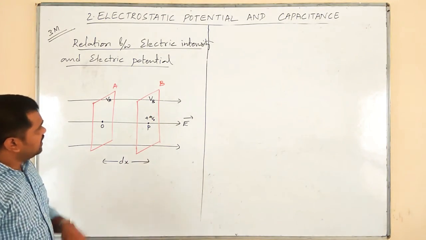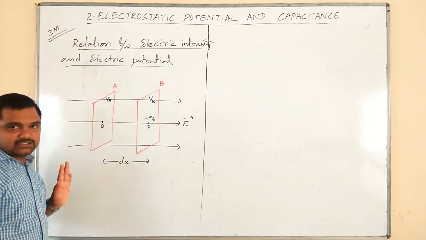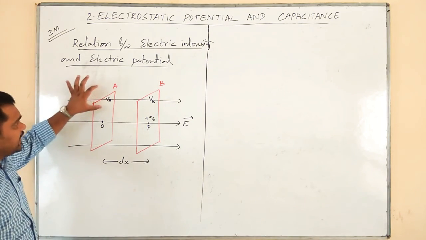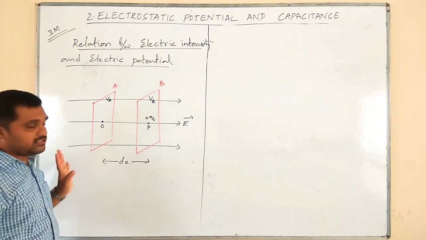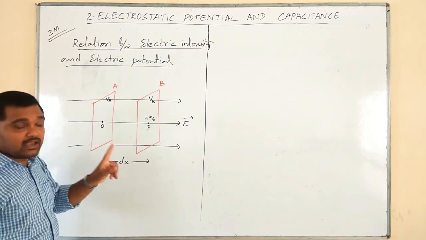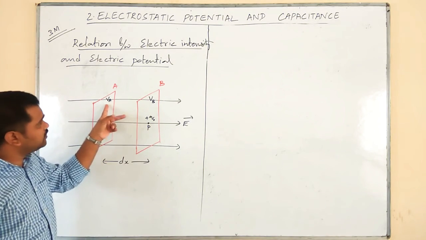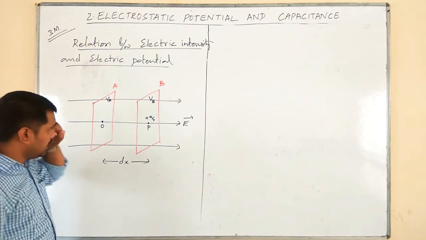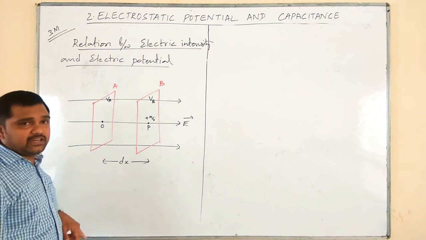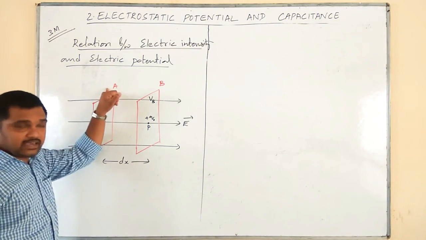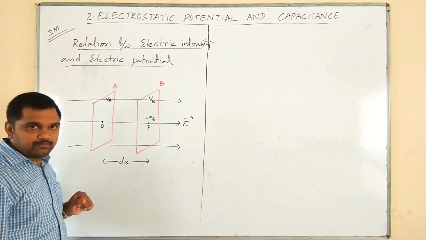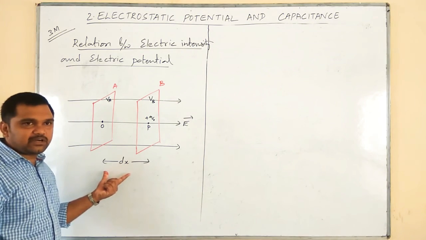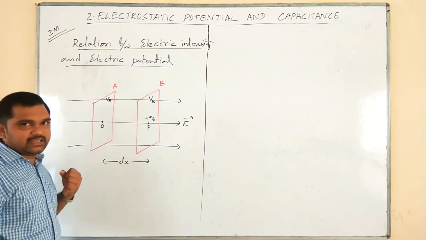Take a look at this figure containing two equipotential surfaces A and B having electric potential values VA and VB. I have marked 2 points on them, O on A and P on B. These 2 points are separated by a distance of dx.